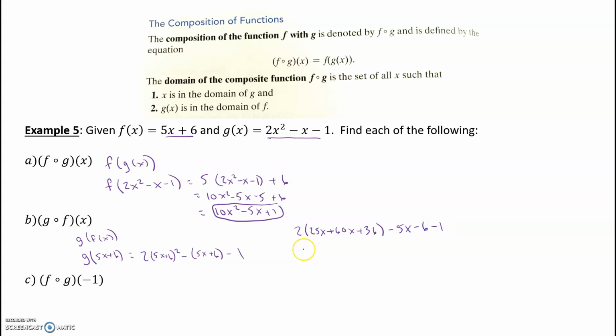And we're going to go ahead and distribute that. 50x squared, that's a squared. Plus 115x plus 65. Where am I getting 65? That is wrong. Don't look at that.